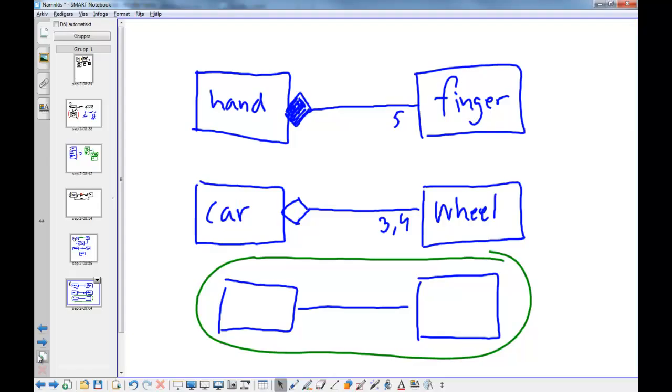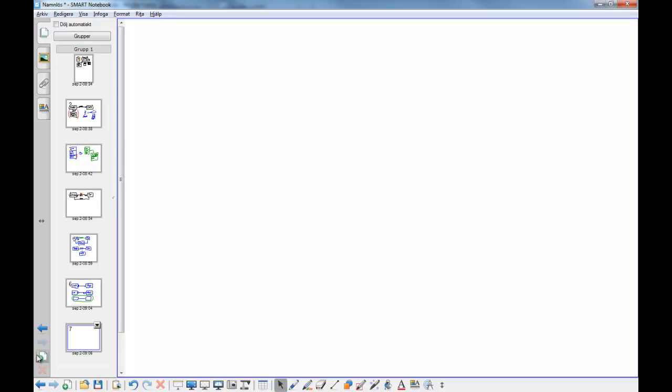And lastly, the most fun kind of association to think about is reflexive associations. That is, associations to concepts of the same type. This is my favorite example.